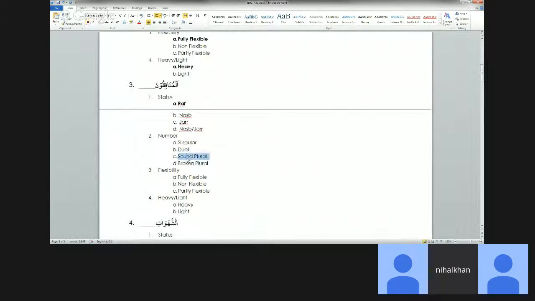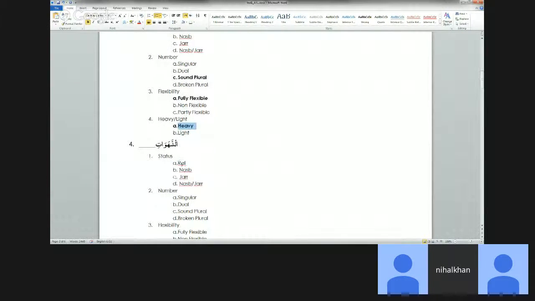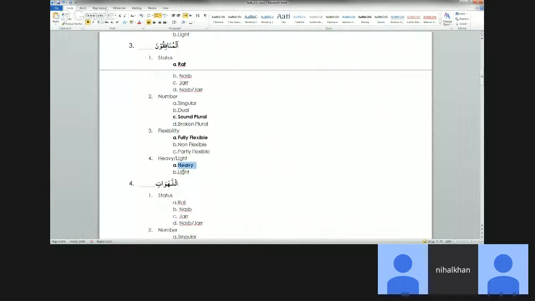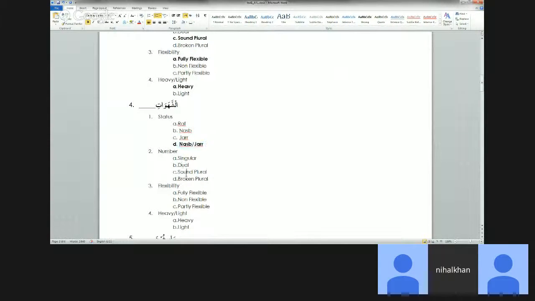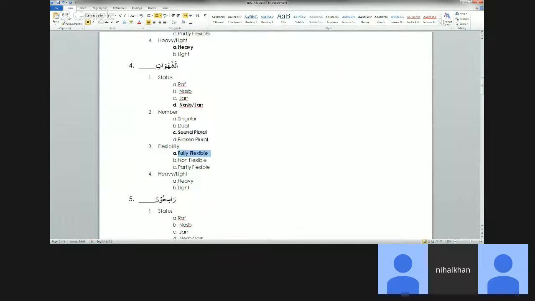Number is sound plural. Flexibility is fully flexible. Heavy or light, heavy. Ash-shahawati, it's nasab or jar. It is a sound plural. Flexibility, it is fully flexible. Heavy or light, it is light.